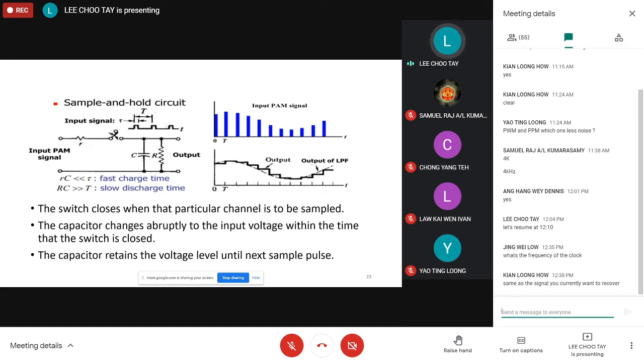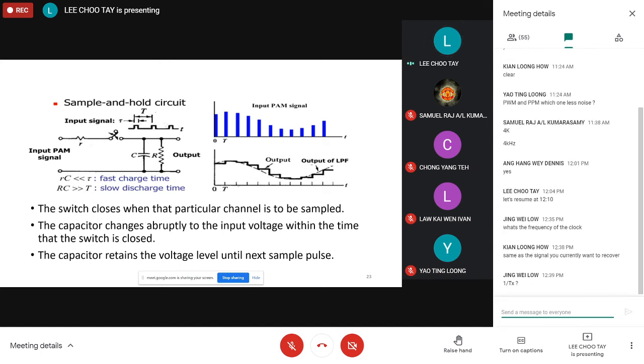So again, we make use of a switch. All right, and the switch here is turned on and off in order to sample the signal at the instant of sampling. And then you have a resistor in series.